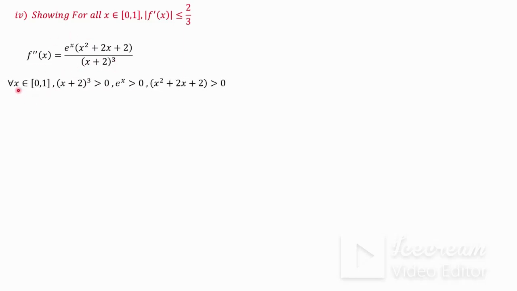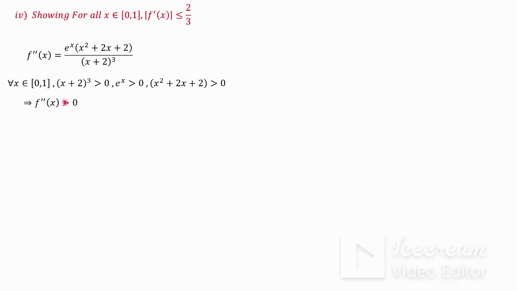For all x in the interval 0 to 1, x plus 2 raised to the power 3 is always greater than 0, e to the x is also greater than 0, and x squared plus 2x plus 2 is also greater than 0. We can therefore conclude that f double prime of x is positive.